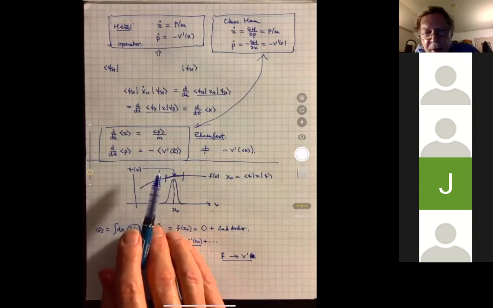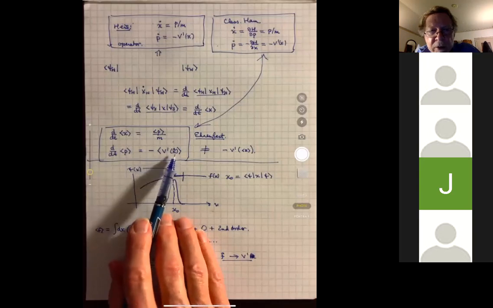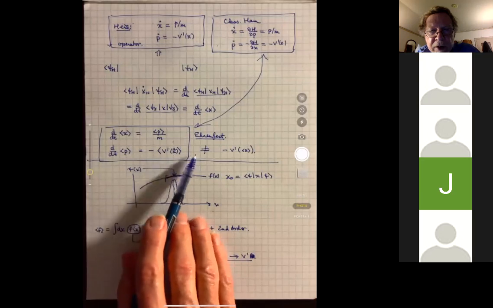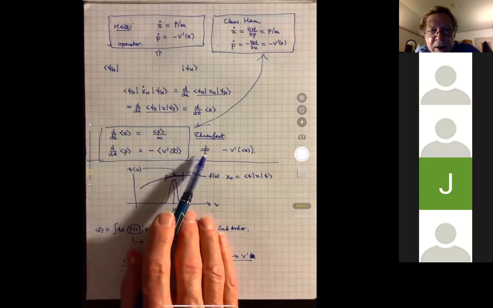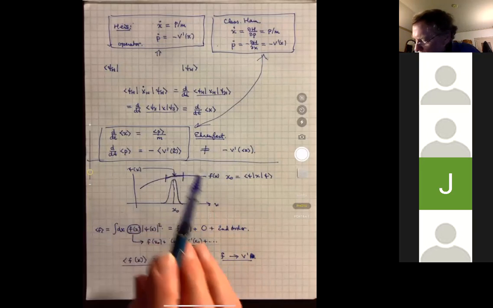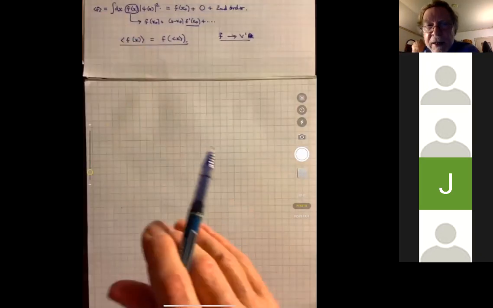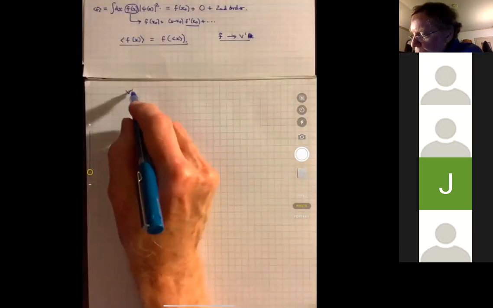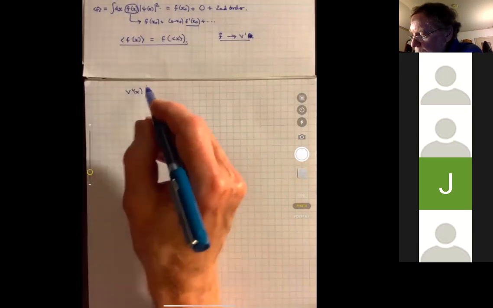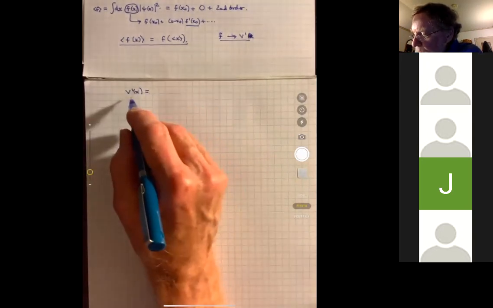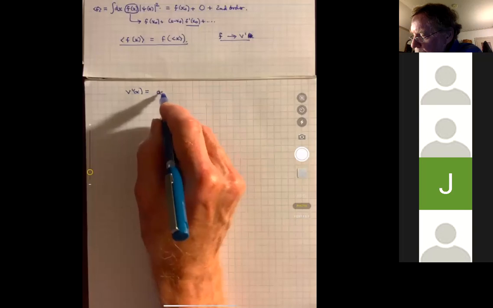Okay, having said that, and having made all these warnings, there's one further proviso that I want to make, which is that in the special case in which the potential is a quadratic function of x, then it turns out this can be replaced by an equal sign, that these two things actually are equal. And this is easy to see, because if the potential is quadratic in x, then v prime of x, this is just in 1D but it'll give you the idea, if v is quadratic, then v prime is linear in x, so it's ax plus b.